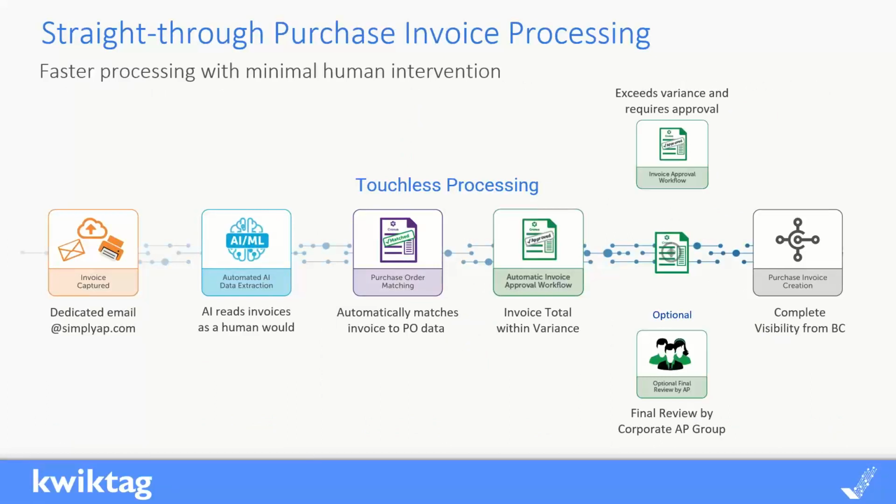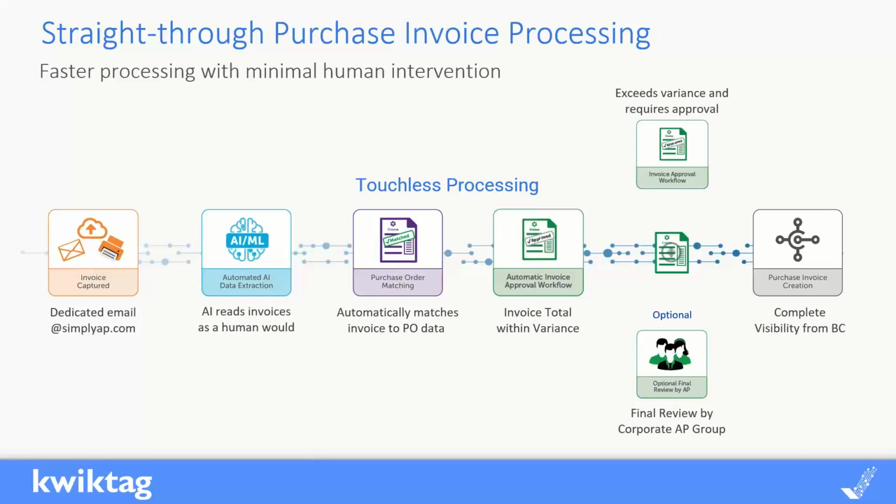Now, there's 2 different kinds of process flows that we're going to highlight for you within SimplyAP. This is the touchless processing, a purchase order related invoice processing. So what happens is an invoice gets emailed into SimplyAP. We're going to give you a dedicated email that you'll forward that email right into the system, or if you'd like, vendors can send it straight into the system. As I mentioned, AI reads the invoice as a human would.